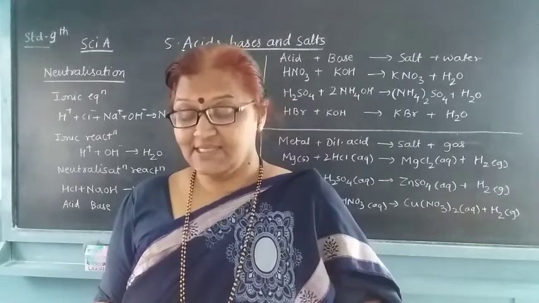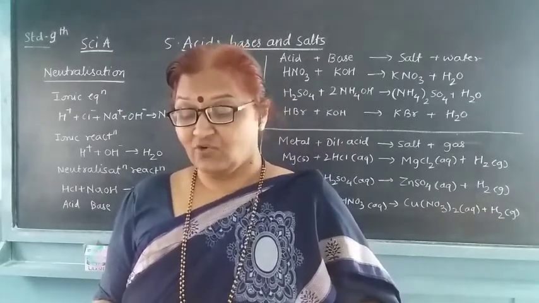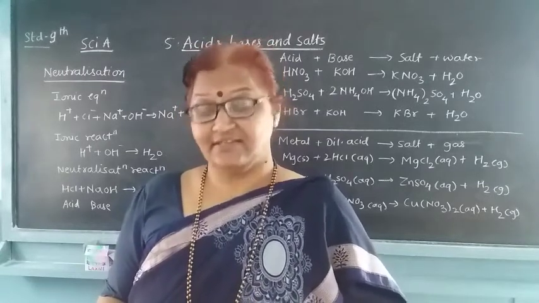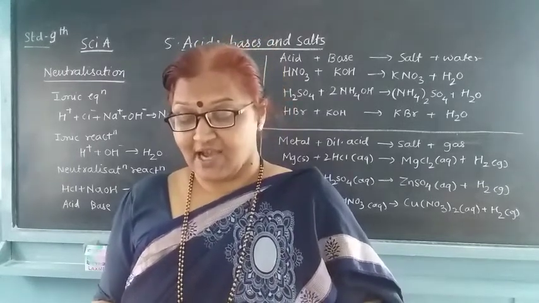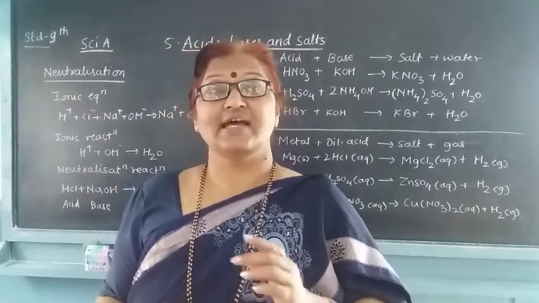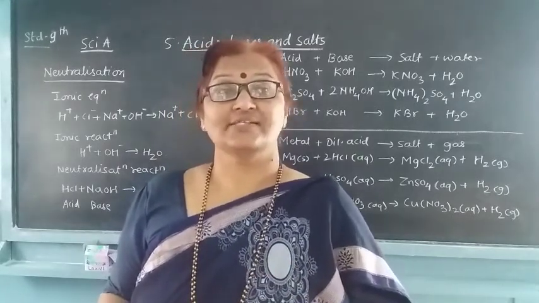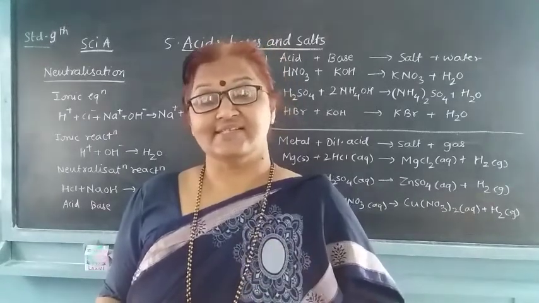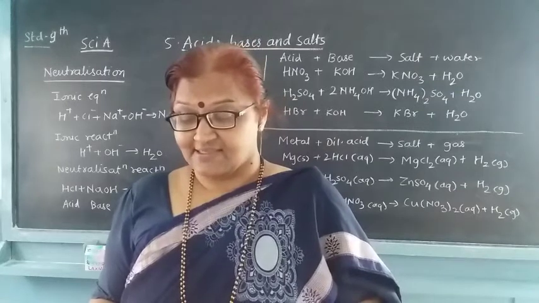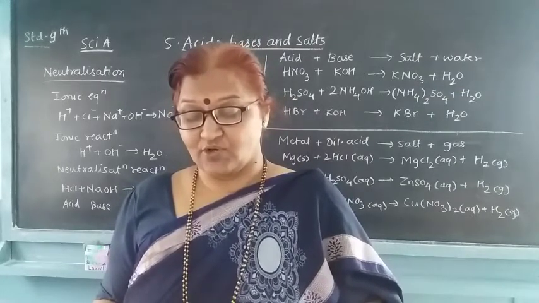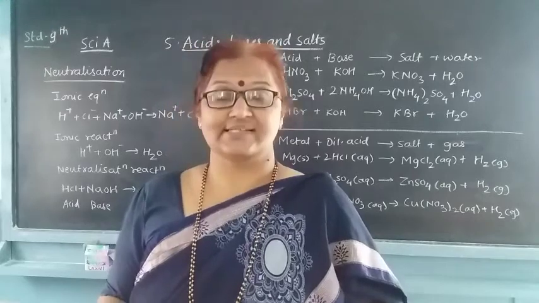So what happens? Whenever we add NaOH solution to the HCl solution, there will be an increase in the OH ions, and this large concentration of OH ions is added to the large concentration of H plus ions, because HCl contains the H plus ions. However, water dissociates into H plus and OH ions to a very small extent.